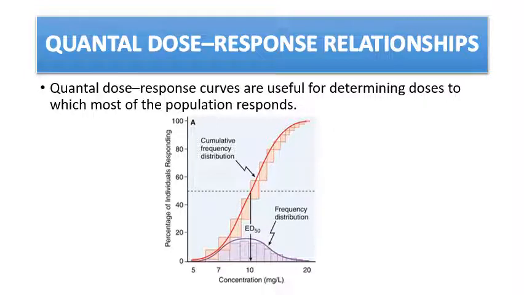Quantal dose response relationship is another important dose response curve, which is important in pharmacology. Here, it corresponds to the relationship between the concentration of drug or the dose and the percentage of individuals from a population that respond to this drug.